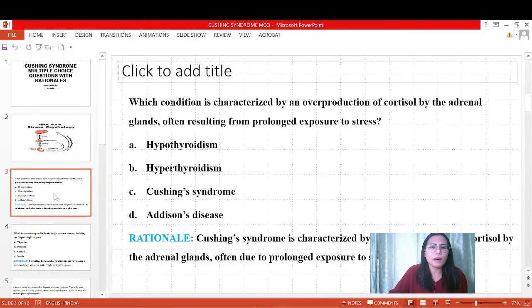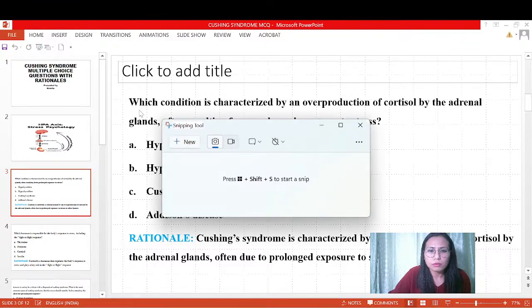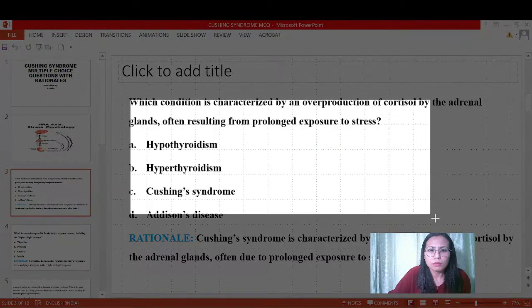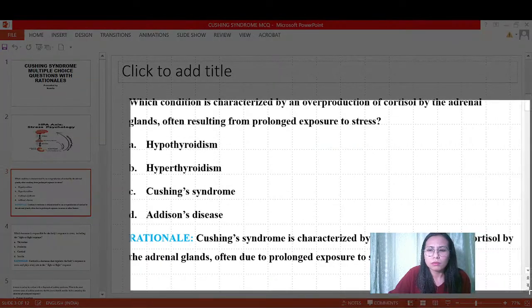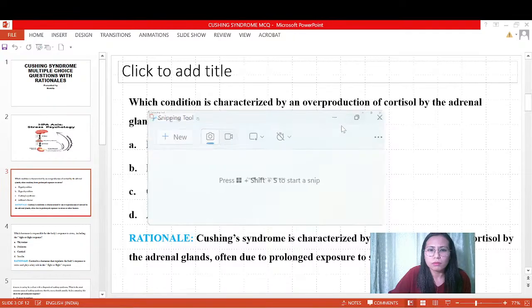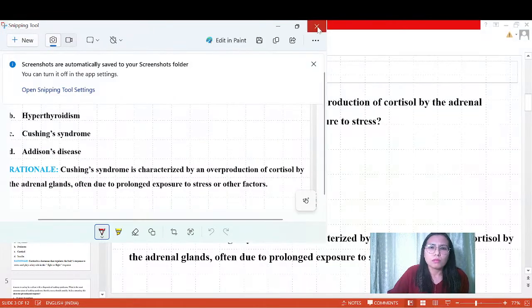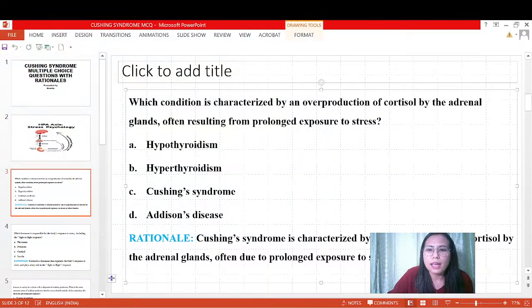The first question: which condition is characterized by an overproduction of cortisol by the adrenal glands, often resulting from prolonged exposure to stress?